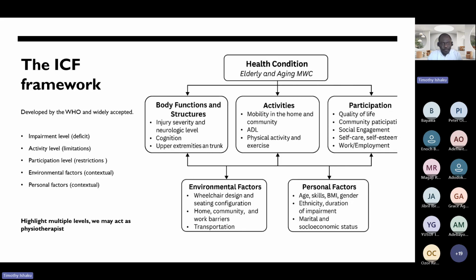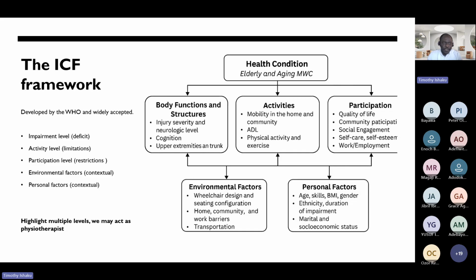At the impairment level, think of body structure and function. Impairment level is the weakness, the pain, the reduced range of motion the patient is having. It's the biological derangement your patient is having. So the abnormality of the body structure and function is the impairment level.